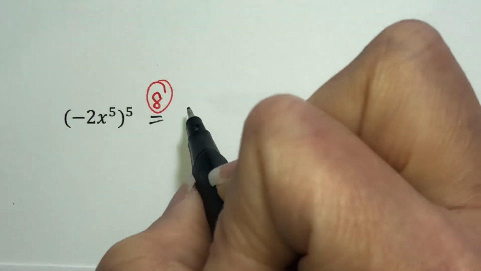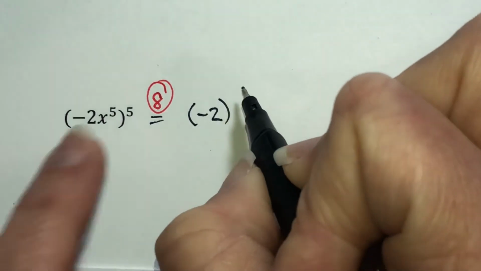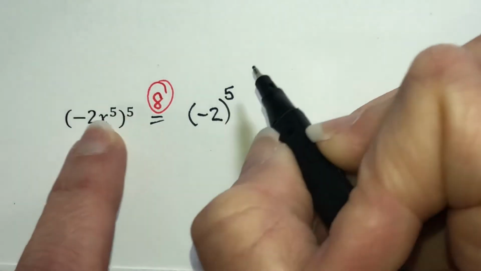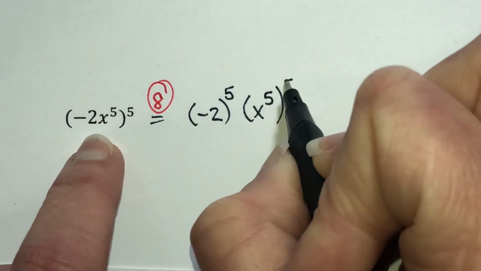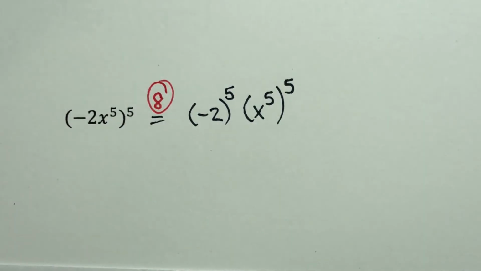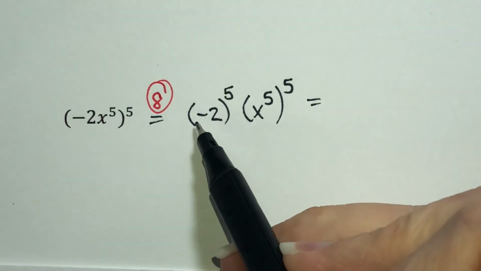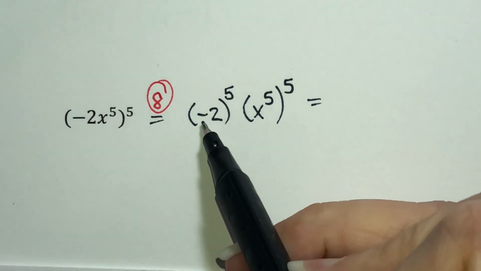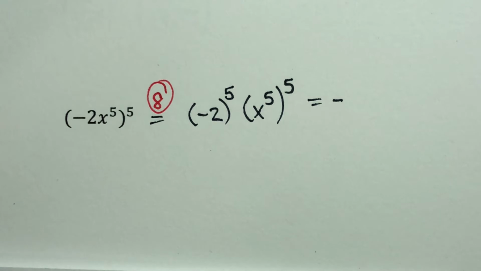So this is the same thing as negative 2, and you need to keep the parentheses, raised to the 5th power, times x to the 5th, raised to the 5th. Negative 2 to the 5th is one you probably would be asked to multiply out. If you're multiplying an odd number of negatives together, you're going to get a negative answer.